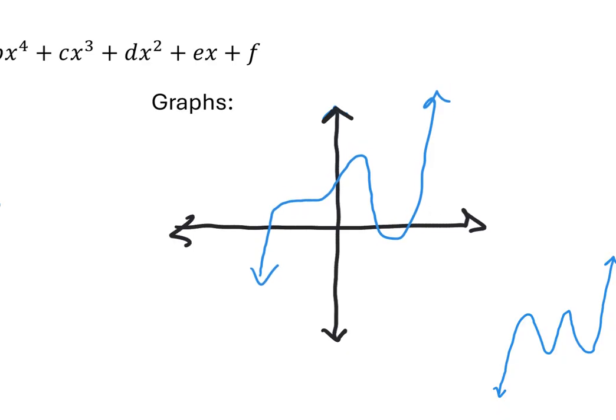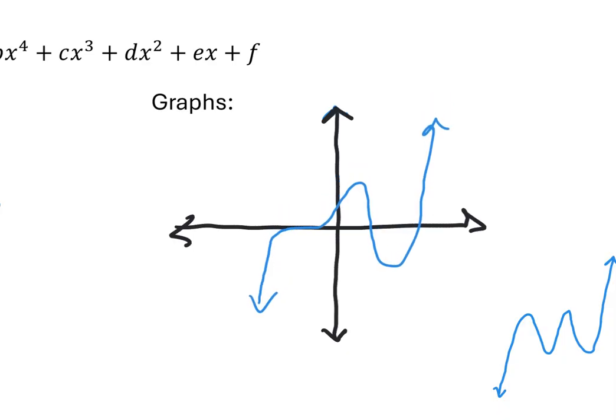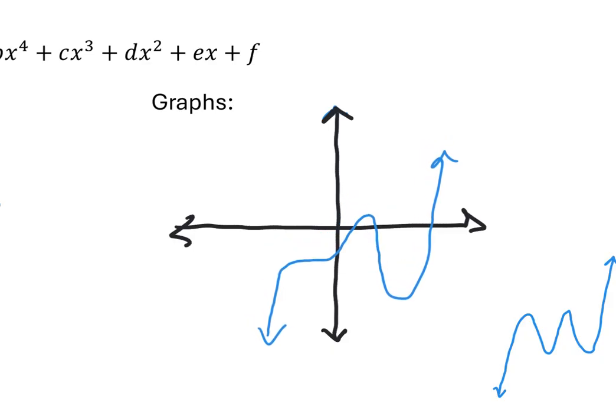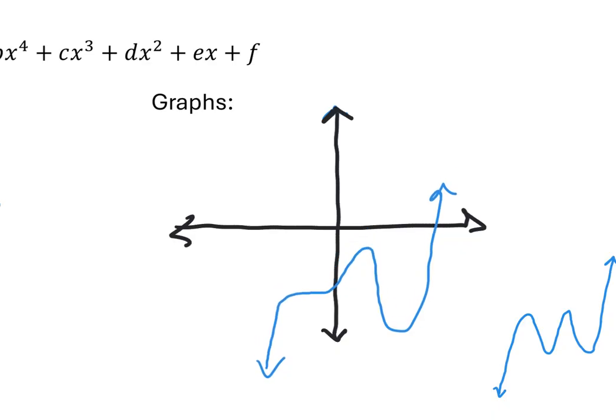We can have 3 x-intercepts. We still got 3, and then we're down to 2, and then we're down to 1. And so from here, we saw that we can have 1, 2, or 3 x-intercepts.